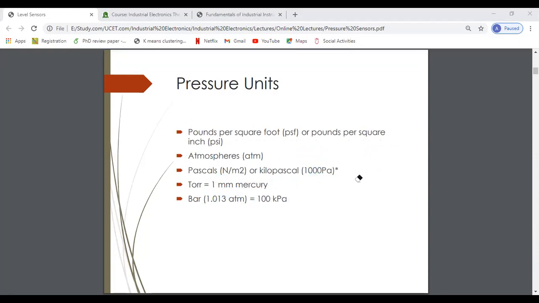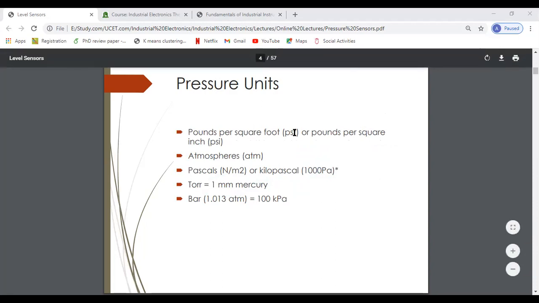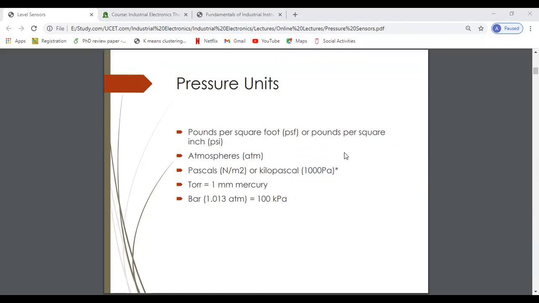We can measure pressure in different units: pounds per square feet PSF, pounds per square inch PSI, atmospheres ATM, pascals, Newton per meter square, or kilopascal, which is equal to 1000 pascal, torr, which is equal to 1 millimeter mercury, and bar, which is equal to 1.013 atmosphere and is equal to 100 kilopascals.